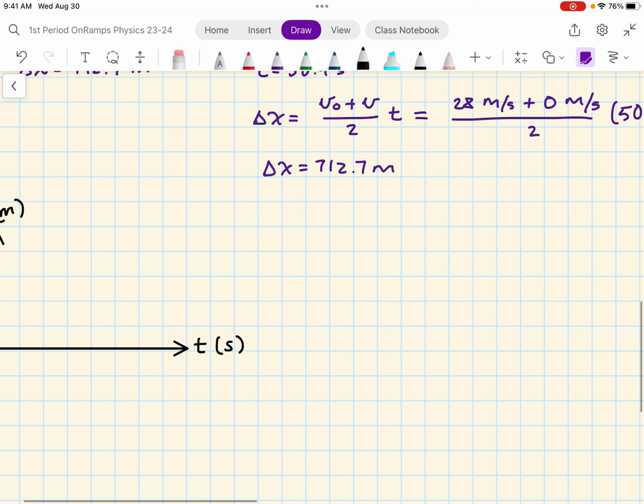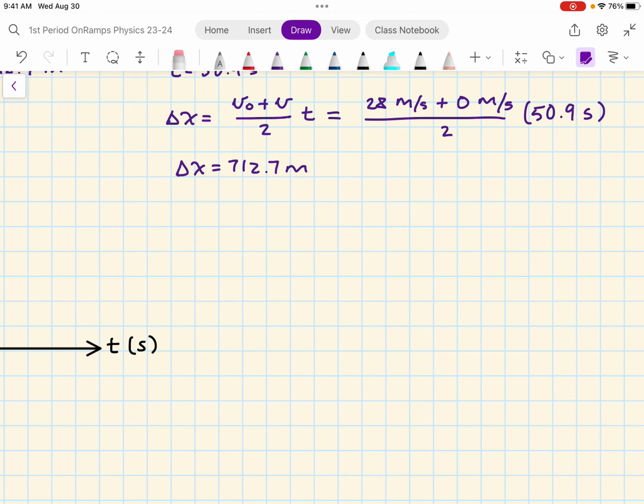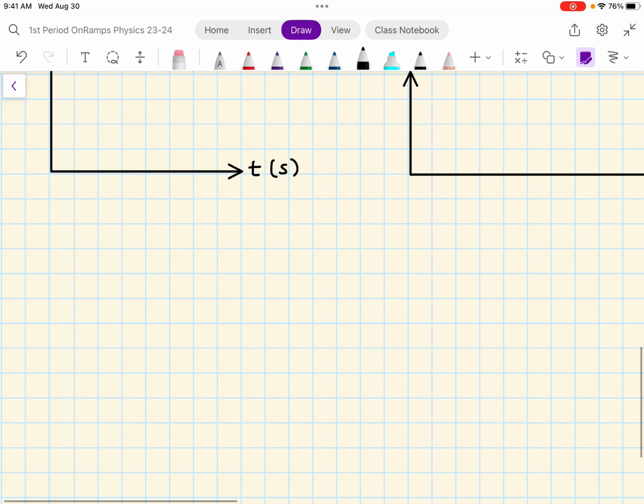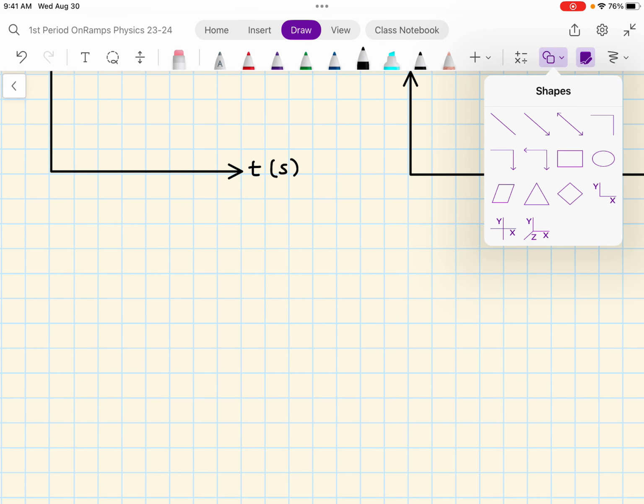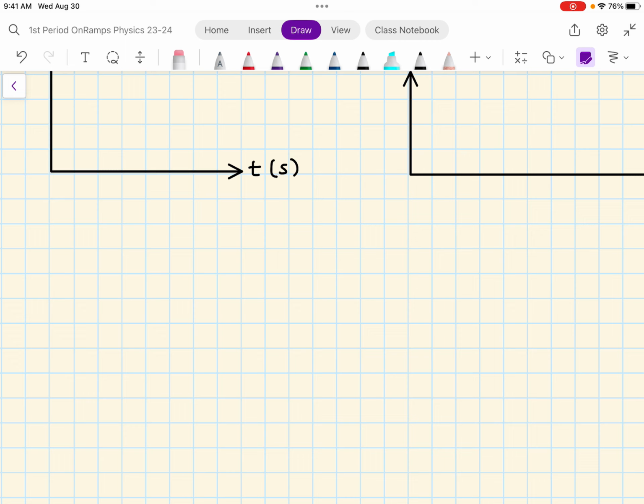Then for the velocity, I'm going to need a long horizontal axis because the time frame, right, the 480 seconds, that's a big number. So I have velocity, and that's in meters per second. And then this is time in seconds. And then I'm going to have an acceleration one.